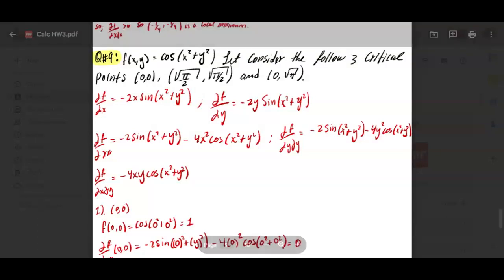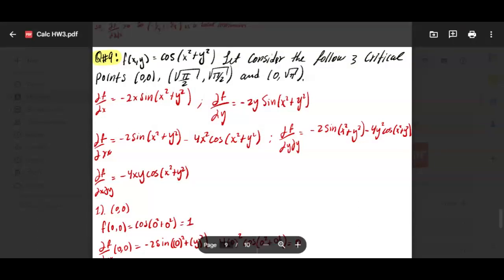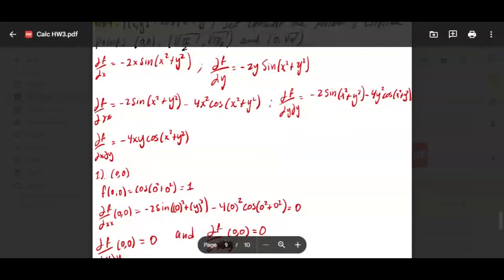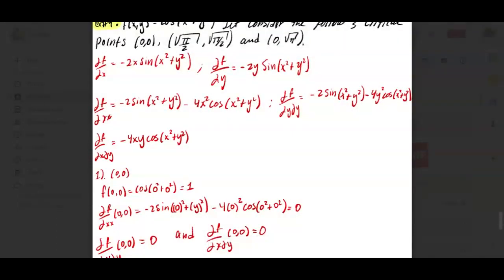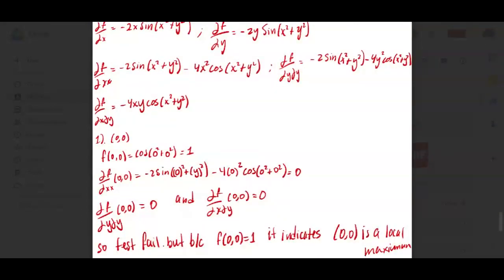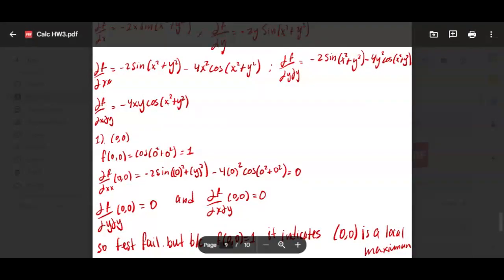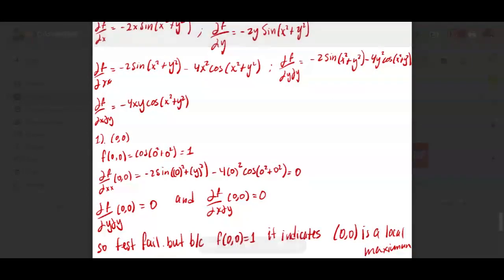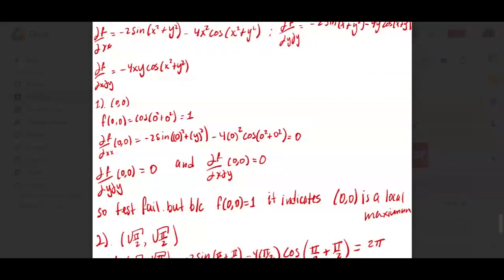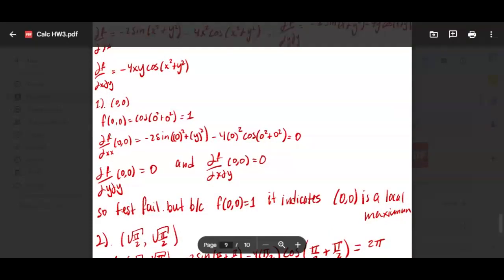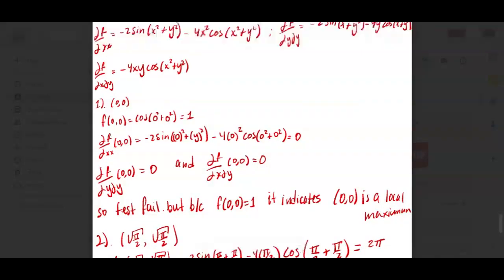And now I'm gonna move on to using our critical point 0, 0. So our f would be cosine of, I'm just substituting my x and y here into the function f, and I ended up with positive 1, and I'm just doing the same substitution into the partials.